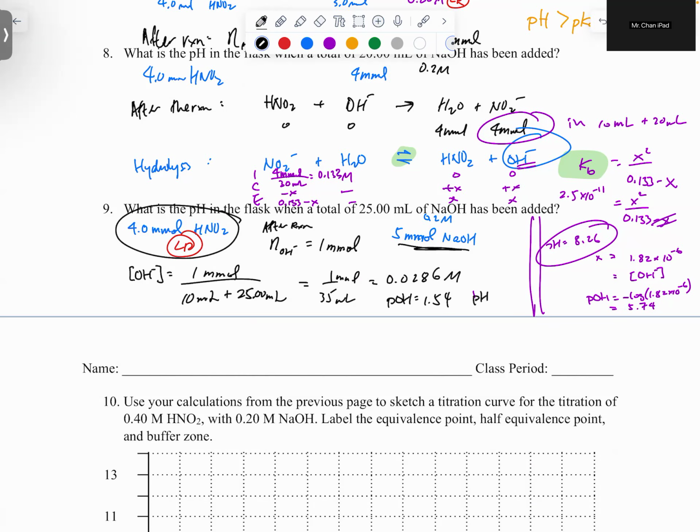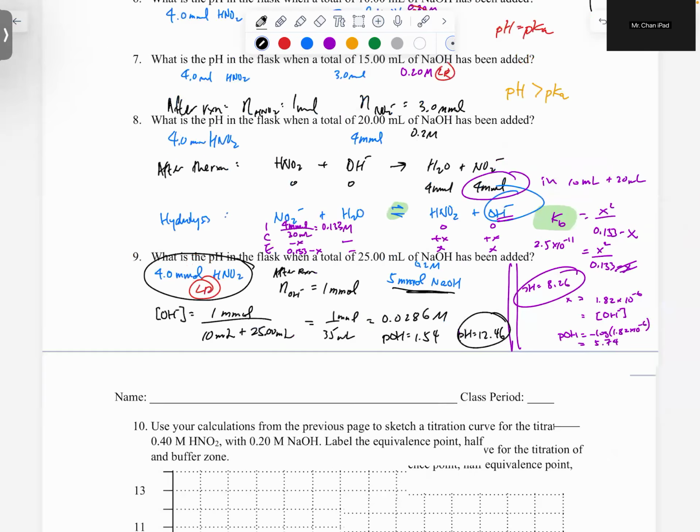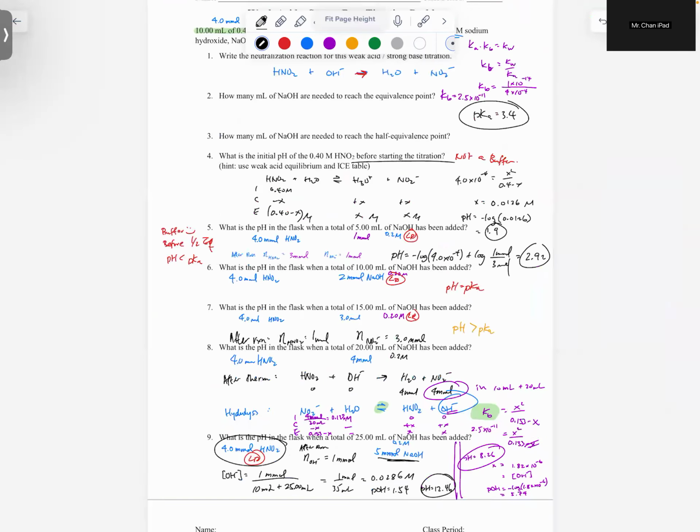So pH is equal to 14 minus that, 12.46 at the end.